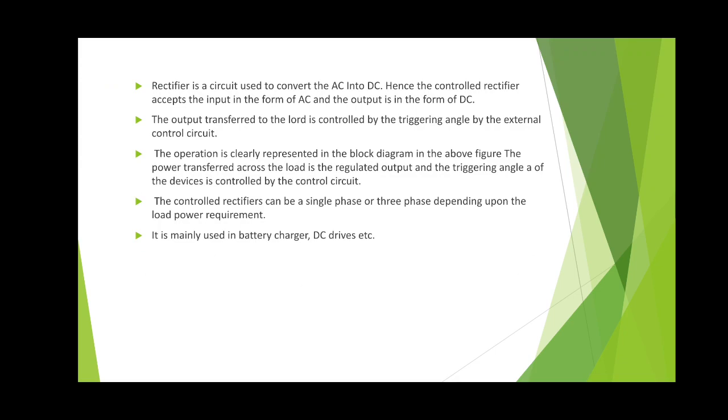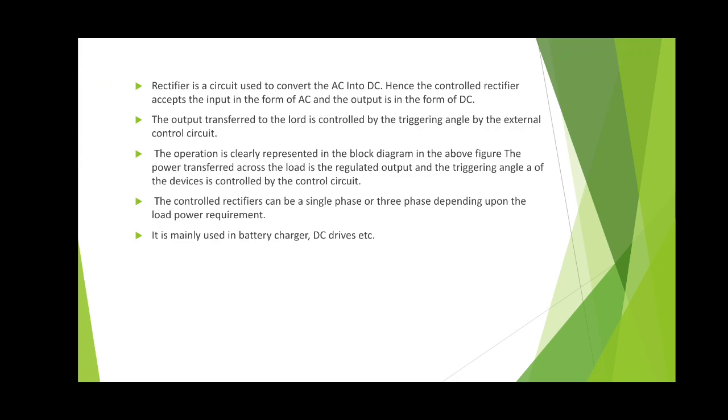So this was with respect to the classification of controlled rectifiers. Very simple, different ways are there to classify the rectifiers. Controlled rectifiers are also called converters. So let us go with the first type of controlled rectifier, that is the basic rectifier.